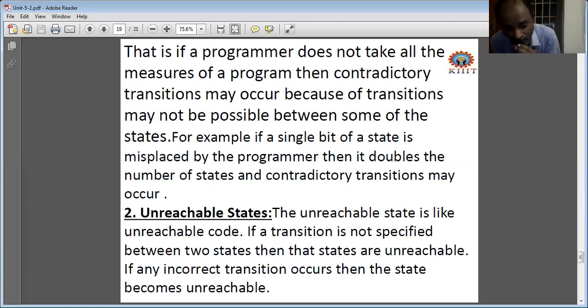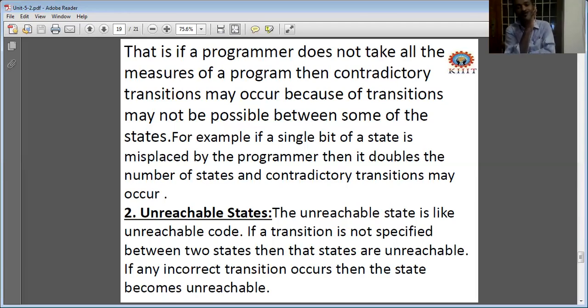Then second one, unreachable states. The unreachable state is like unreachable code. We all know what is meant by unreachable code. If a transition is not specified between two states, then those states are unreachable.